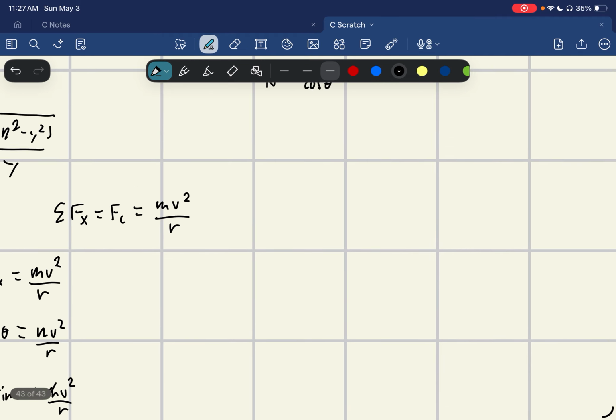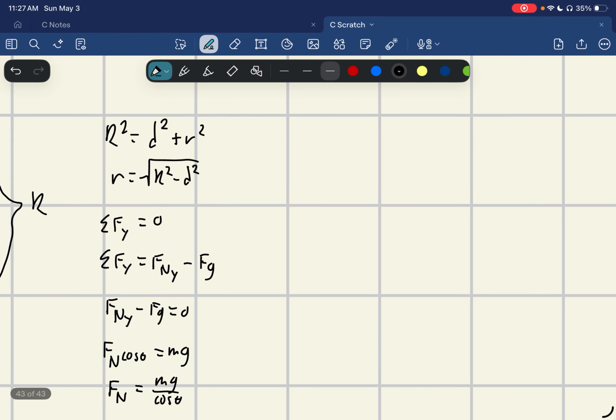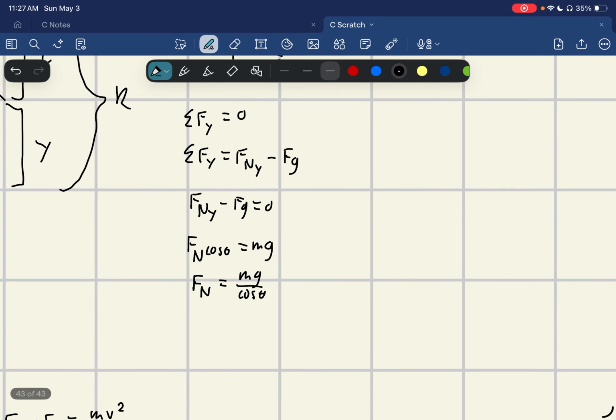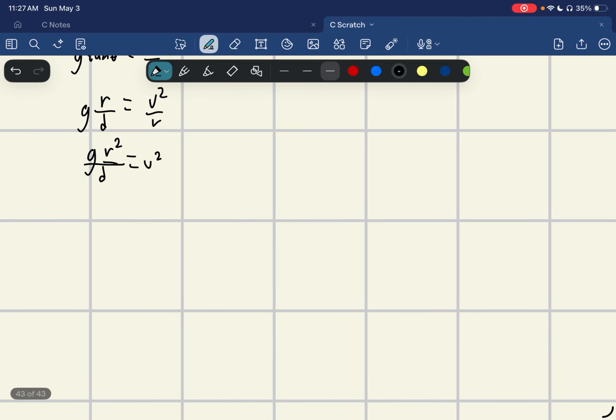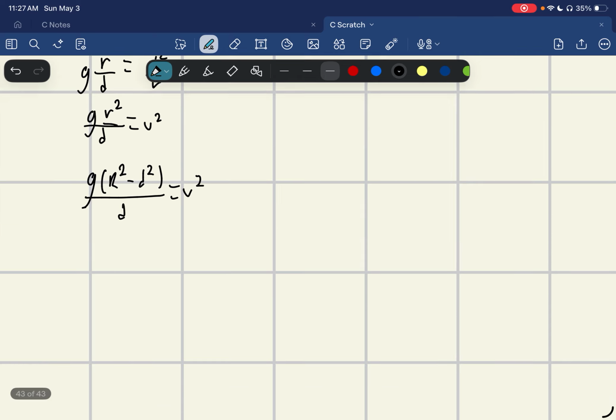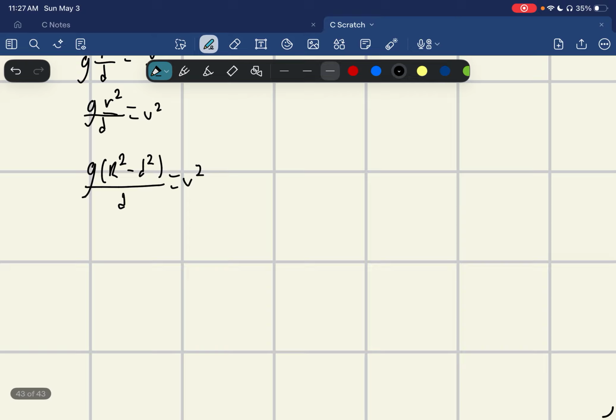And then earlier we found that little r is equal to the radical of big R squared minus d squared. So then little r squared would just be big R squared minus d squared, and it'd be all over d, times g, is equal to v squared, and then we just take the radical of both sides, so it'd be the radical of g times r squared minus d squared all over d is equal to v.